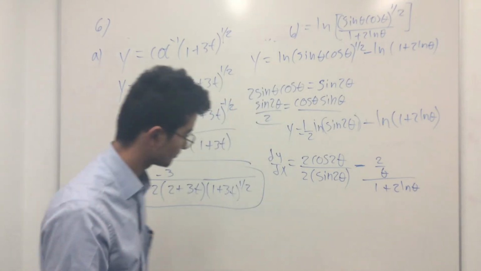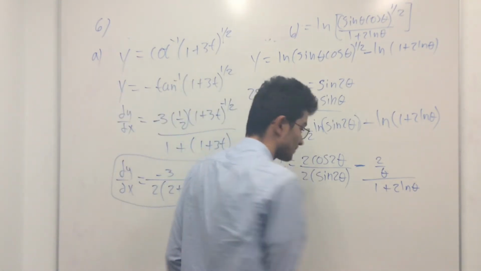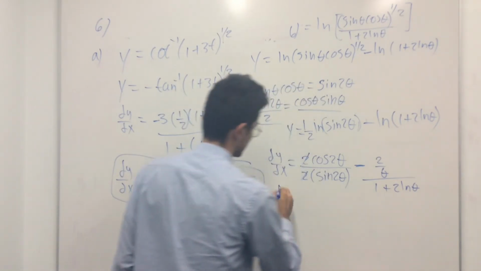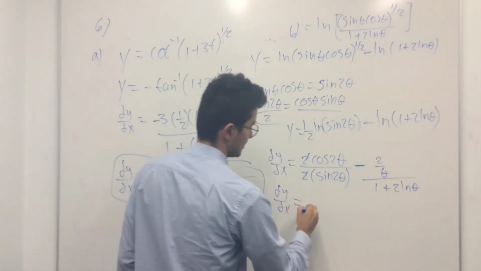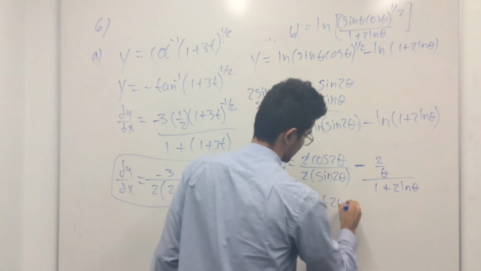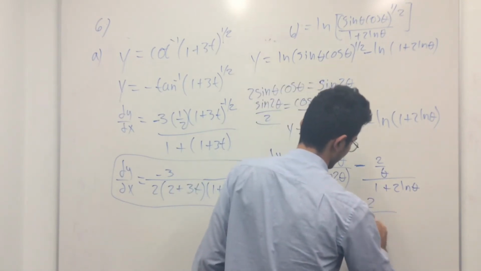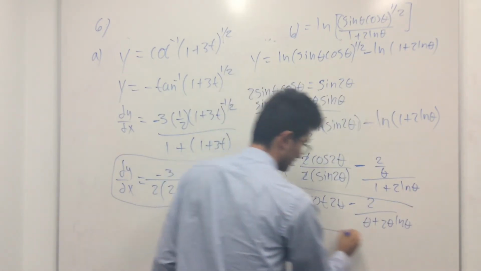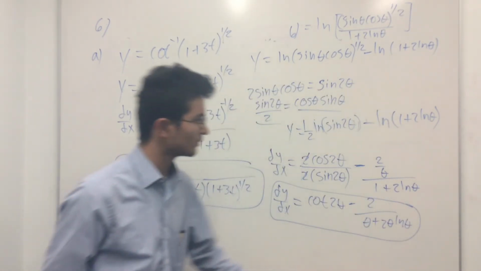Very nice. So cosine 2 theta over sine theta is basically cotangent 2 theta. These 2's cancel out, so we have dy over dx equals cotangent of 2 theta minus 2 over theta plus 2 theta ln theta. And that's going to be the derivative for that function.